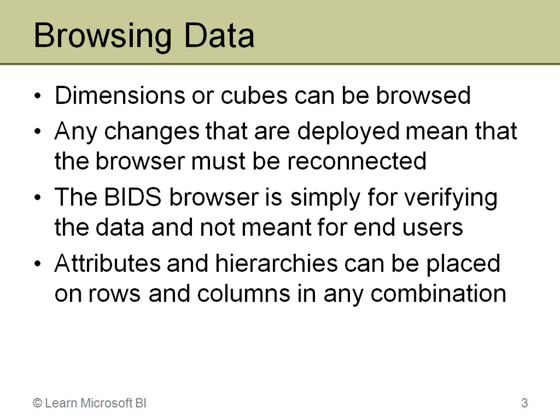The browser in BIDS is really good for just verifying the structure. It's not meant for end users, very much a designer type tool. There are a couple of minor things that the browser doesn't do or doesn't do very well, but again, it's just for verifying the structure. I'll talk more about that in future videos when I talk about client tools. Let's jump into this and take a look.